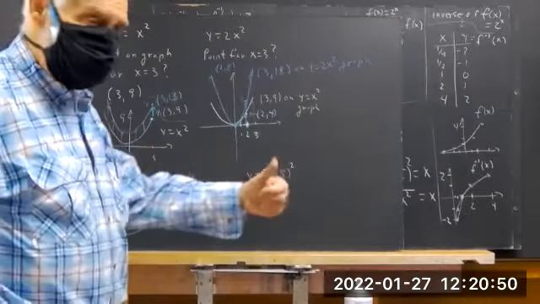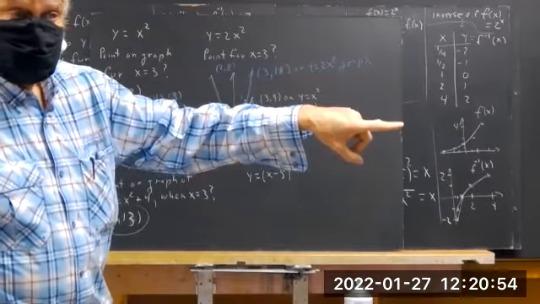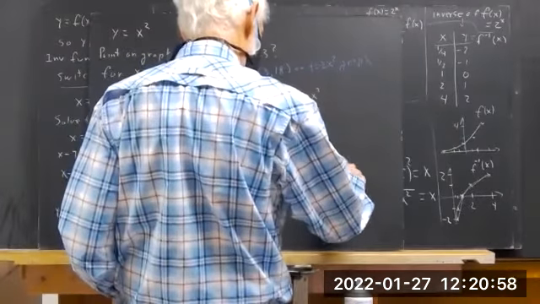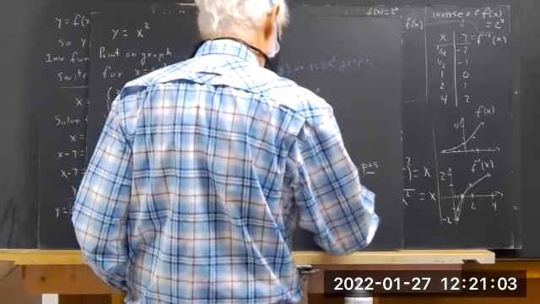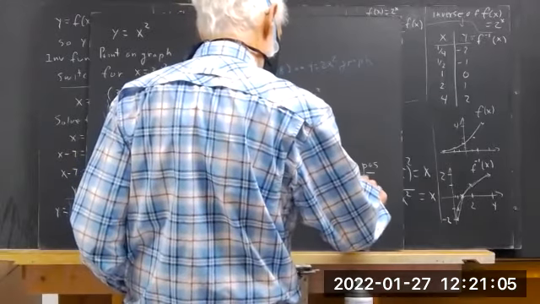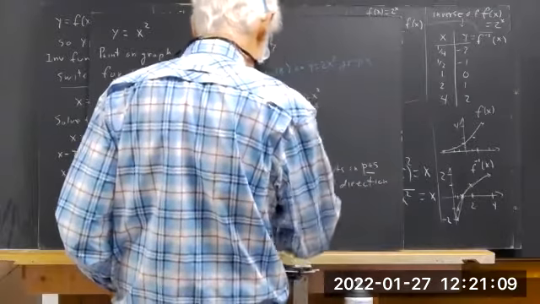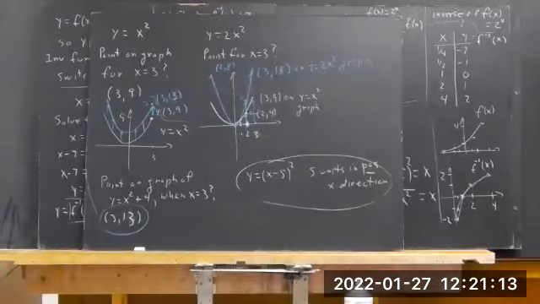You would think 5 units this way because of the minus, but it's 5 units that way. So it's a little hard to understand why that is. I'll explain it to you next time.